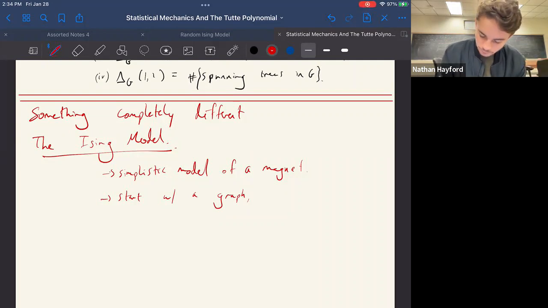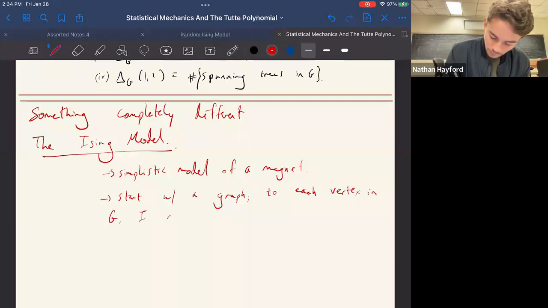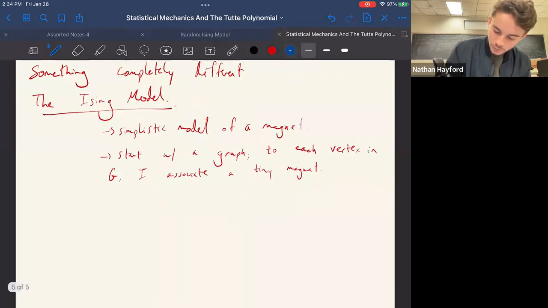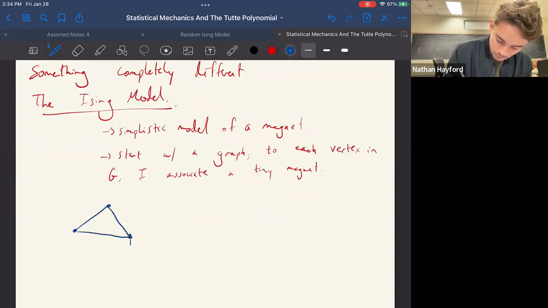So to each vertex in G, I associate a tiny magnet, which points either up or down. Pictorially speaking, here's my graph, and to each vertex, I'm associating a little magnet which points either up or down.